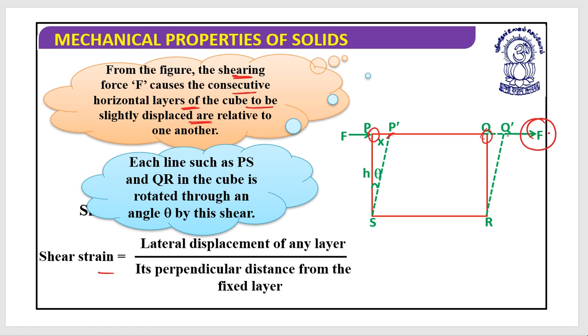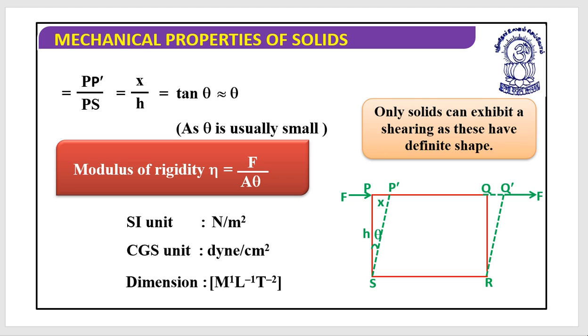So shearing strain is the lateral displacement of any layer divided by its perpendicular distance from the fixed layer. This is approximately equal to tan theta, which we have discussed in previous sessions. So modulus of rigidity, which is denoted by eta, could be written as F divided by A theta.